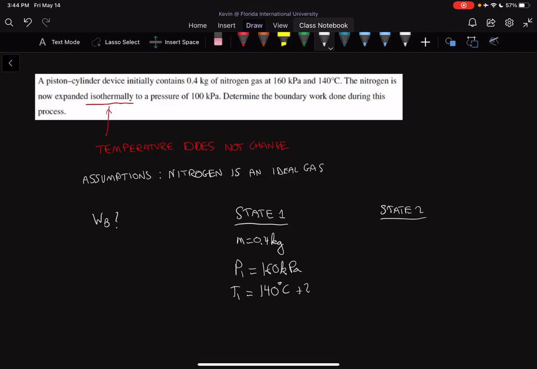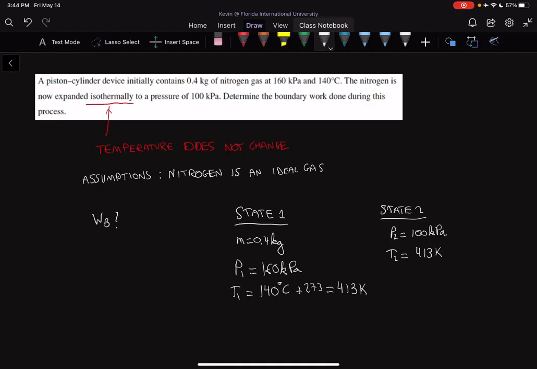But we can add 273 if we wanted to have it in Kelvin, which would be 413 Kelvin. So let's write it as Kelvin, just so we have the conversion already. We're also told that pressure 2 is equal to 100 kilopascal. And since it is expanded isothermally, we know that temperature 2 did not change. There's an isothermal change, so there's no change in temperature. So temperature 2 is equal to 413 Kelvin.